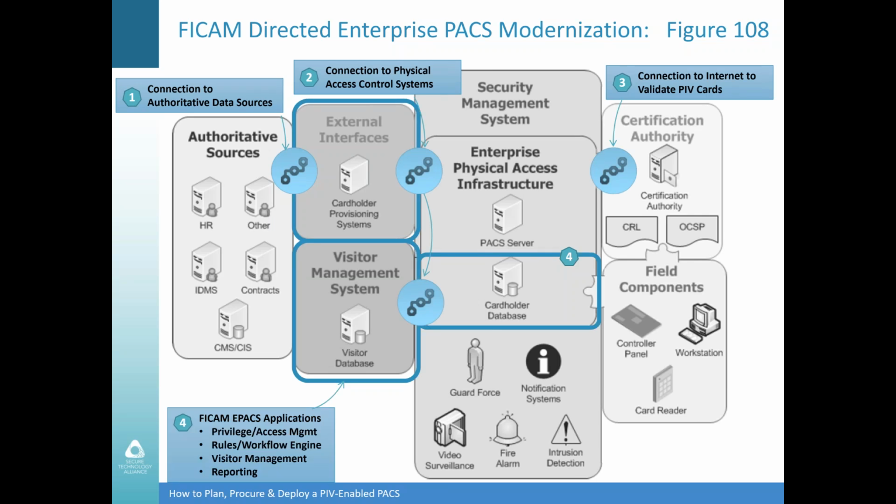Here's the thing that's commonly missing in many organizations: FICAM calls the thing a cardholder provisioning system, an external interface, and a visitor management system. So visitor management is obviously for managing visitors. The cardholder provisioning is for employees and contractors who have PIV cards or PIV-I cards. So what is this piece? This is the glue that brings these things together, that helps modernize this PACS.